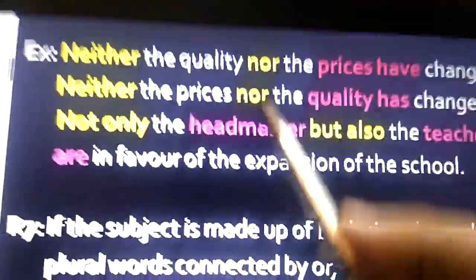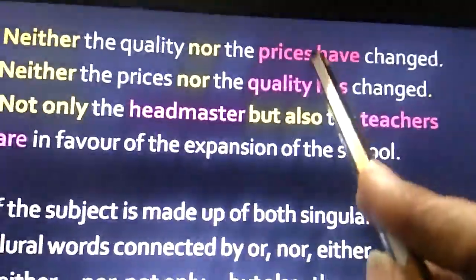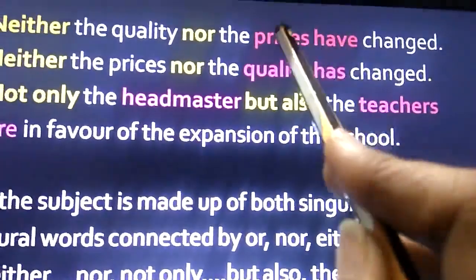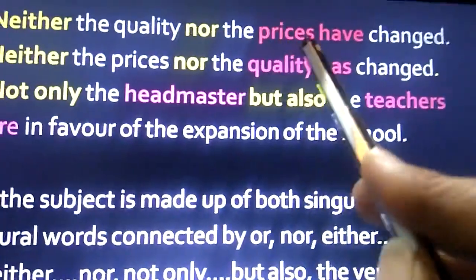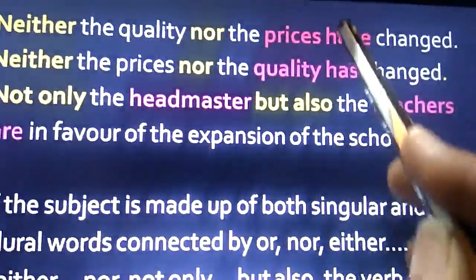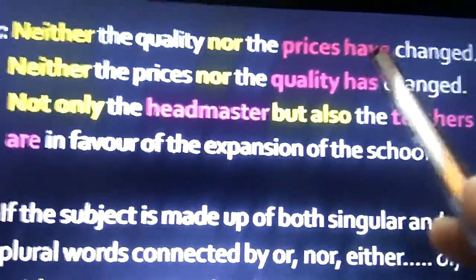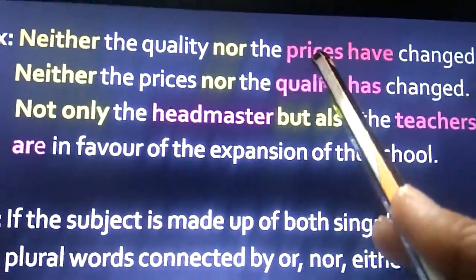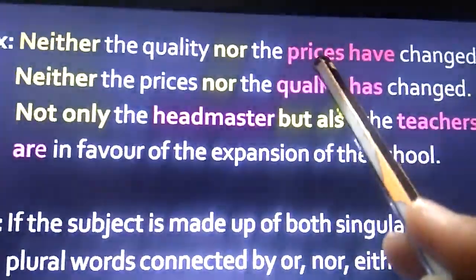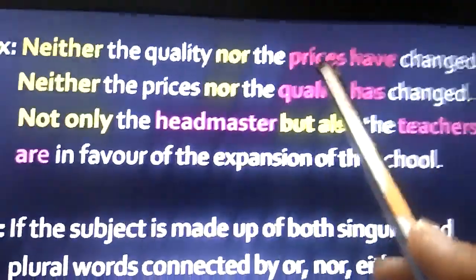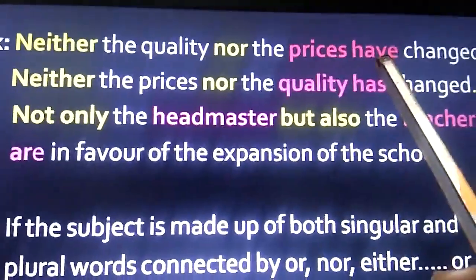Here, the verb is have in this sentence. This verb is near to this subject, and this subject is plural, so we are using a plural verb. That means we see which subject the verb is nearer to. If that subject is singular, then the verb has to be singular. If that subject is plural, then the verb has to be plural.